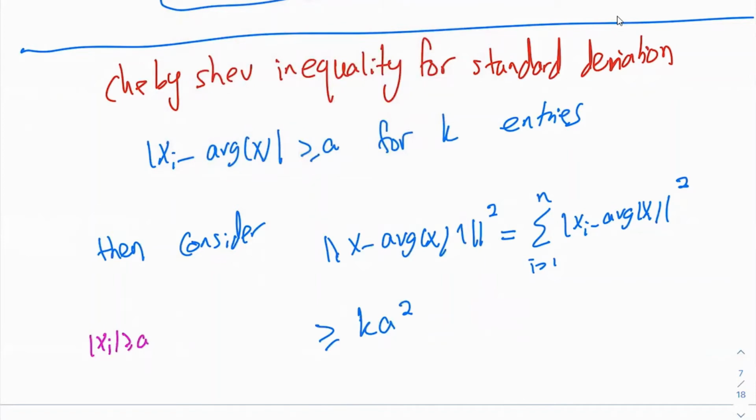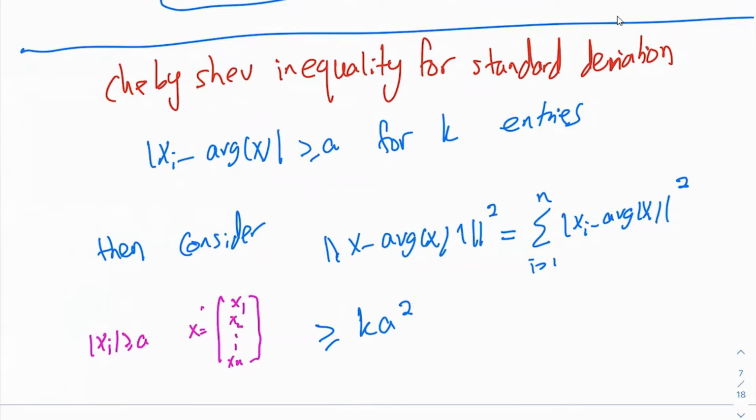Now I want to say that xi minus the average of x, where the vector x is x1, x2, all the way to xn. So I want to say each component minus the average. For example, x1 minus the average of x. K of these components are greater than or equal to a in absolute value.